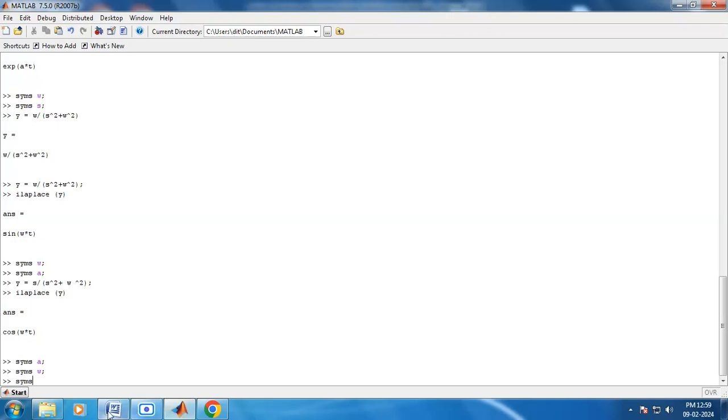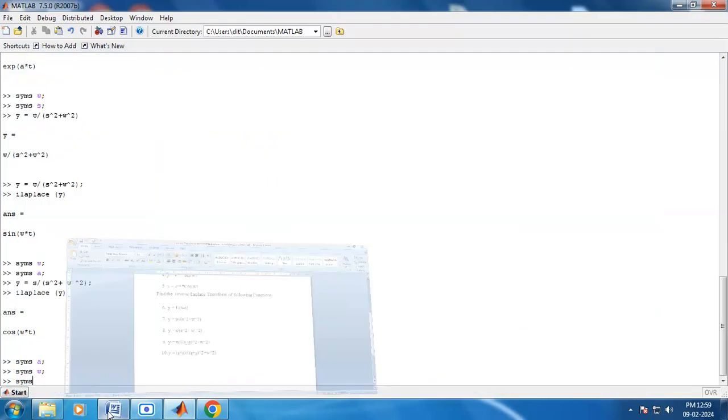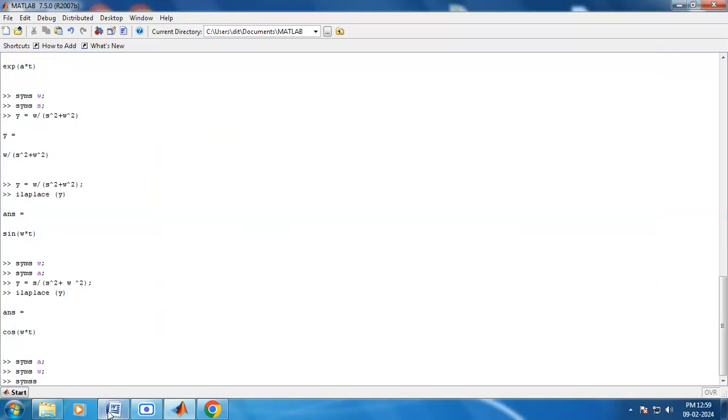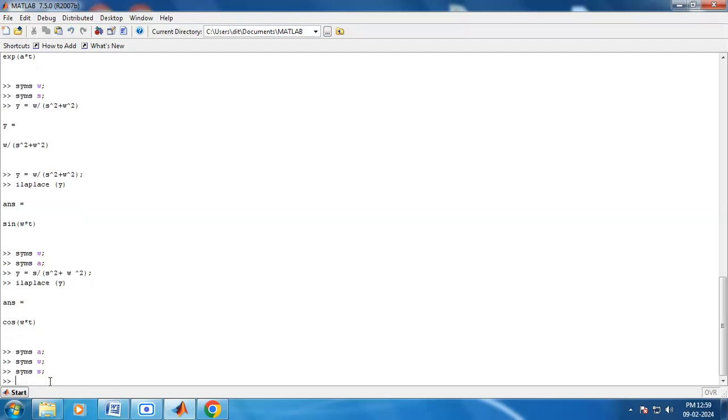We have to give one space bar here. So the function, put semicolon.